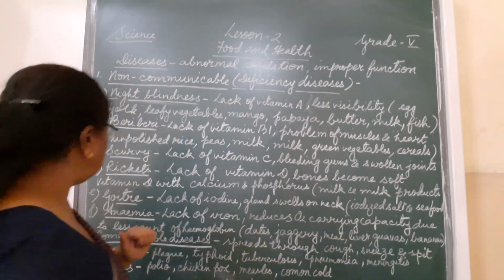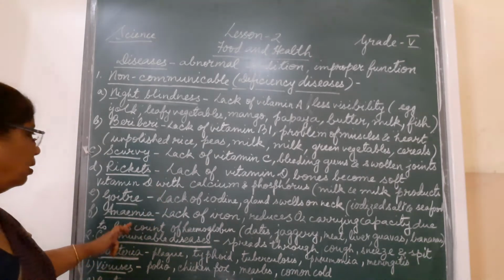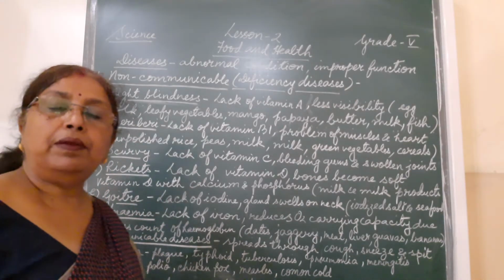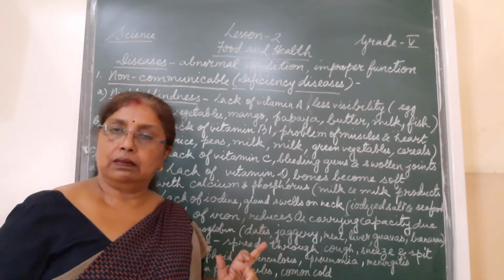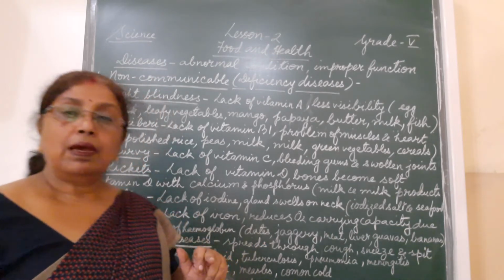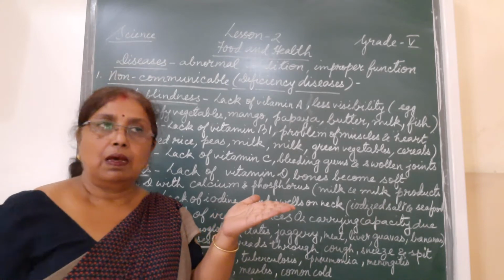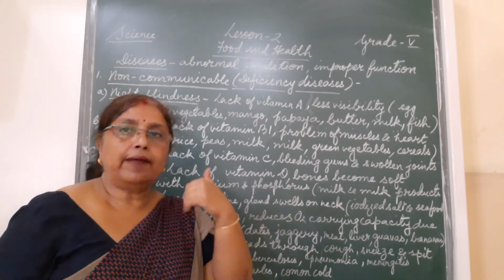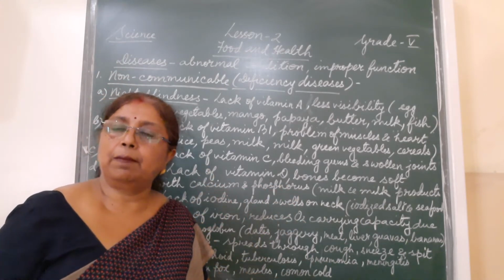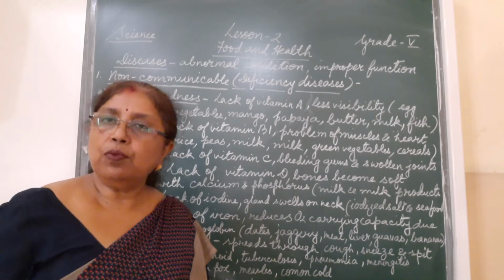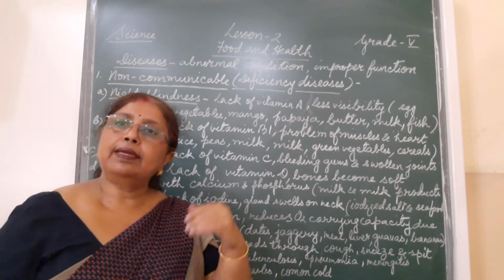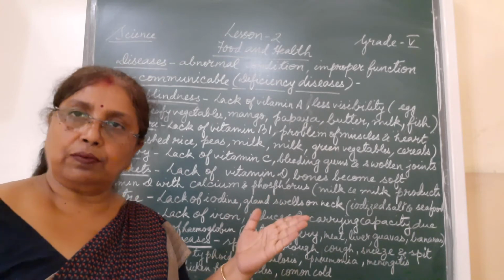Now the next disease is anemia. This is caused by the lack of the mineral iron. Iron is very important in anemia. Now what happens in anemia? There are red blood cells in the blood containing hemoglobin, and hemoglobin carries the oxygen to every part of the body.